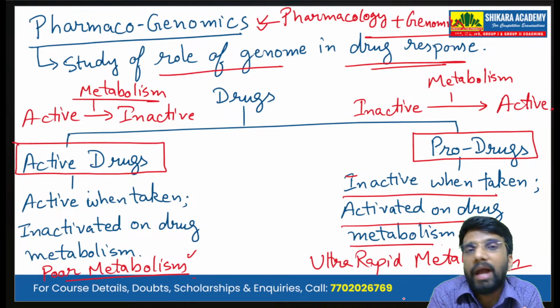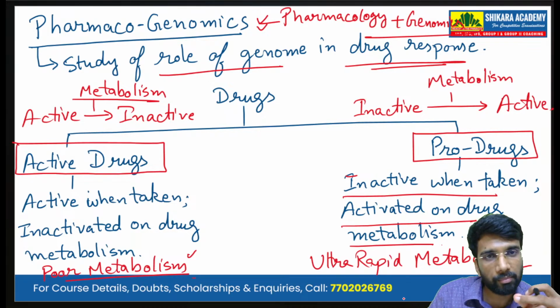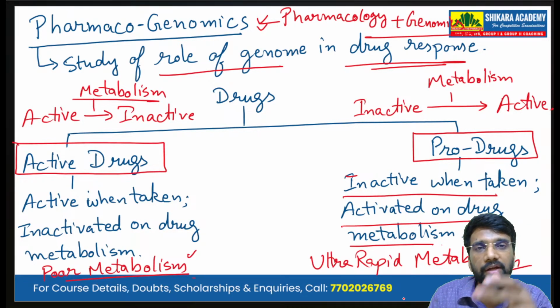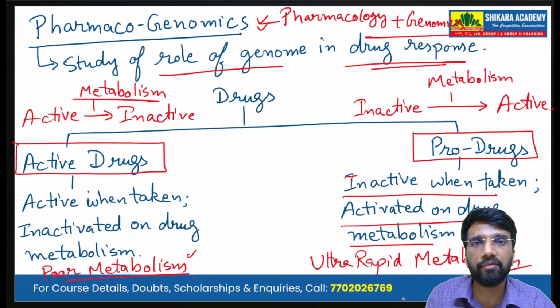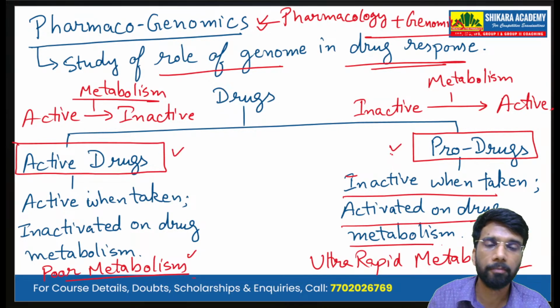So the prolonged action of the drug will not be there. That is why we give them the inactive drug or the prodrug, and their body then rapidly metabolizes that drug, and the individual now has the active drug in his or her system. So that is the concept of the active drug and the prodrug.